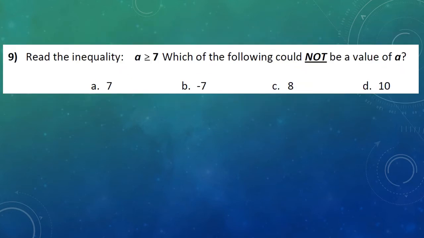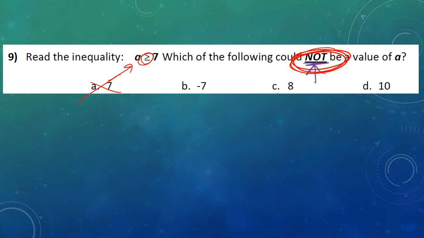With this one, we have A is greater than or equal to 7. Which of the following could not be a value of A? So be careful with these tricky words right there. If it says not, which of the following, if we filled in, would not work? So if we filled in 7 for A, 7 is equal to 7, so that would work with this greater than or equal to.